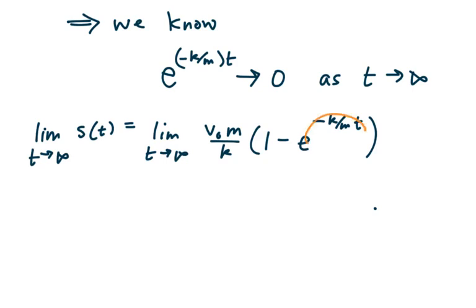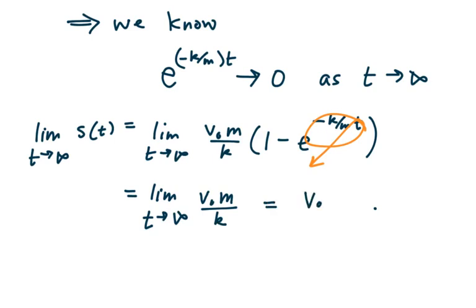And since we just said up above that this would go to 0, we have just 1 there in our parentheses, and we can say that the limit as t goes to infinity of v sub 0 m divided by k times 1 is just going to equal v sub 0 m over k. And this now represents our steady state value.